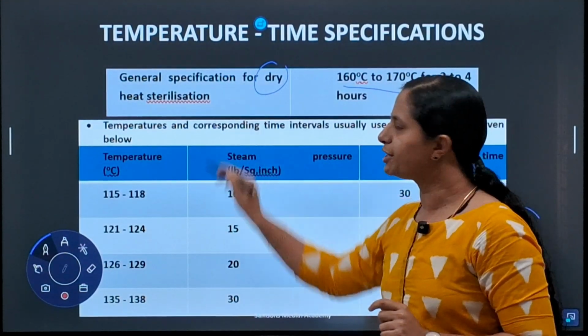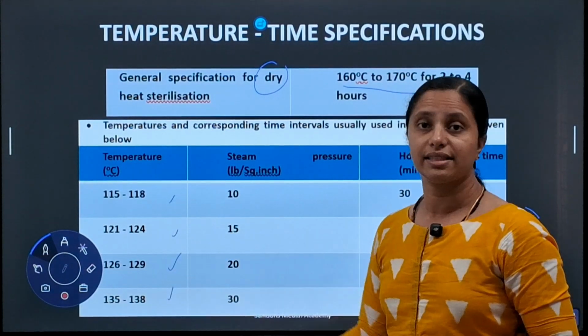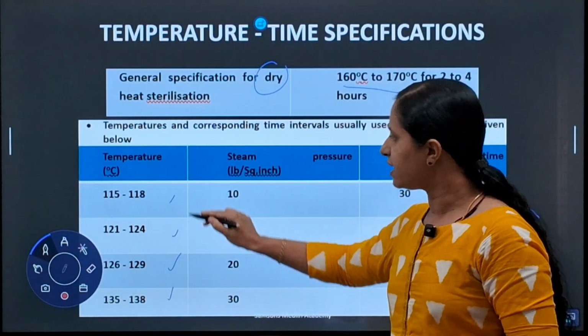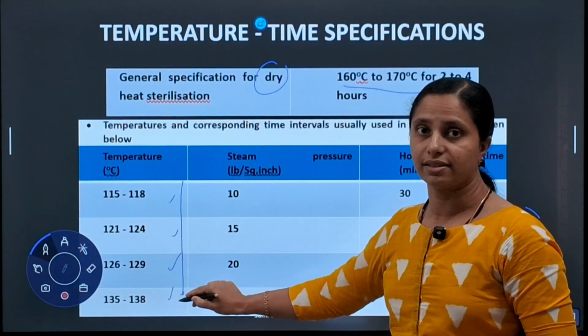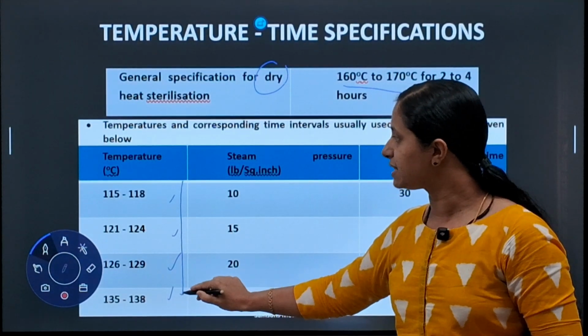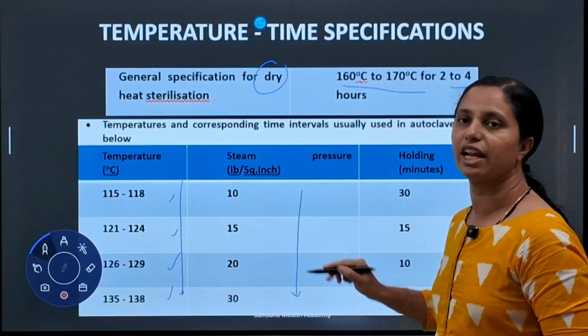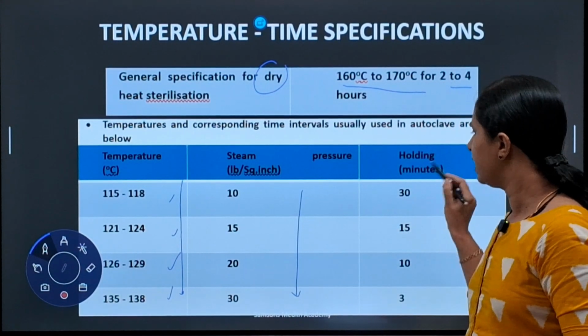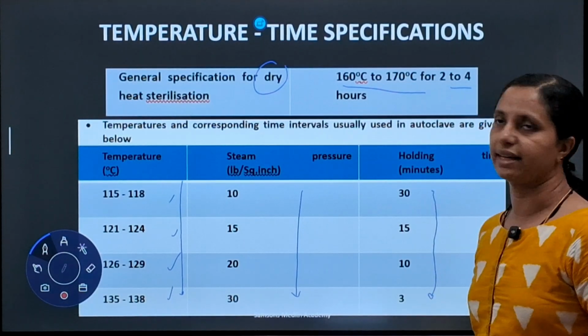Okay. So coming to moist heat sterilization, we have 4 temperature ranges to study, and as we go down the table, temperature increases, and if we increase the pressure along with this, we can see the time of exposure is decreased.